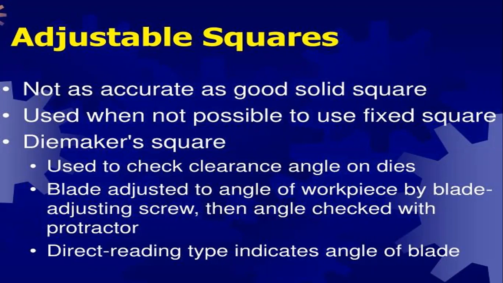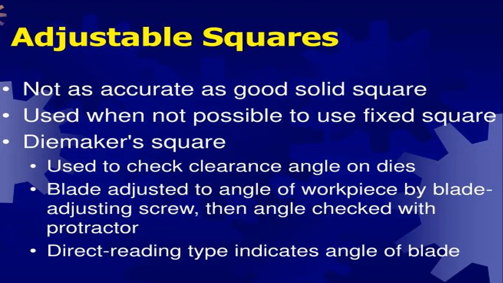These are mainly used to check the clearance angles on the dies. So whenever we are using the dies, we use it to check the clearance angles of the dies. The blade has to be adjusted to the angle of the workpiece by the blade adjusting screw.